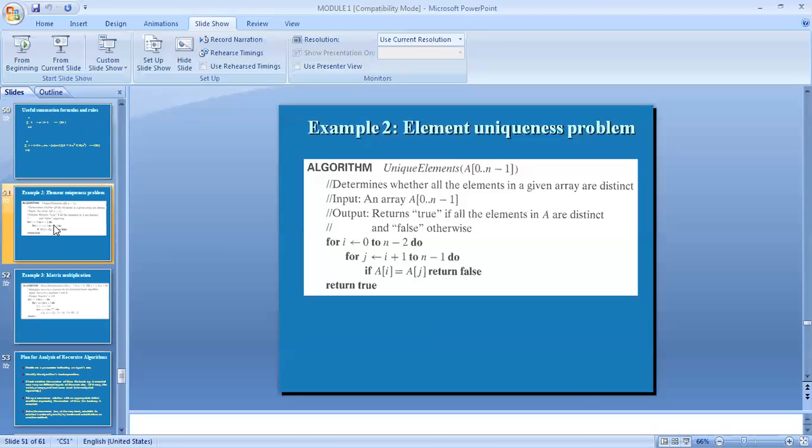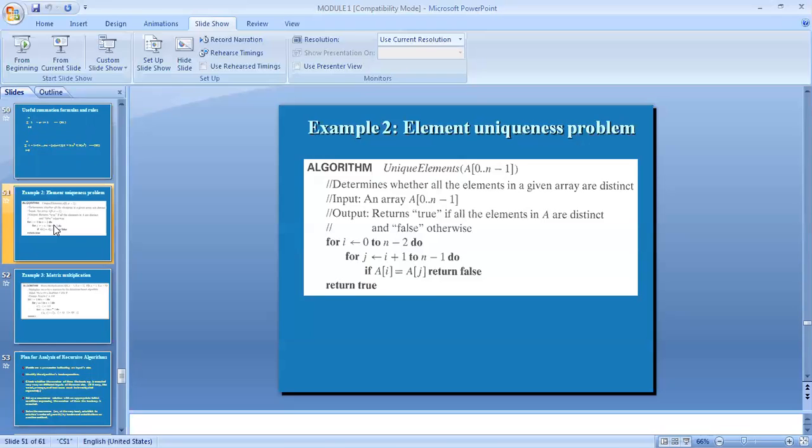The natural input size measure here is again the number of elements in the given array, n. Since the innermost loop contains a single operation, the comparison of two elements, we should consider it as the algorithm's basic operation. Note, however, that the number of element comparisons will depend not only on n, but also on whether there are equal elements in the array, and if there are, which array positions they occupy.